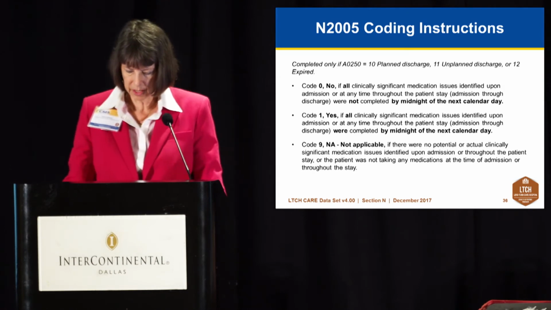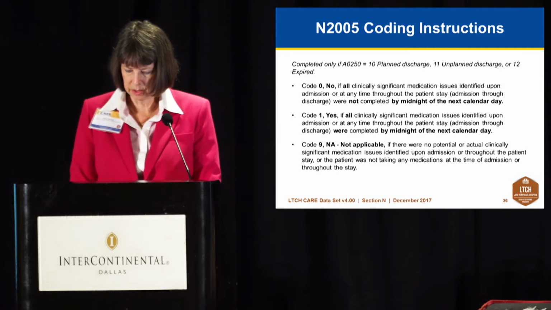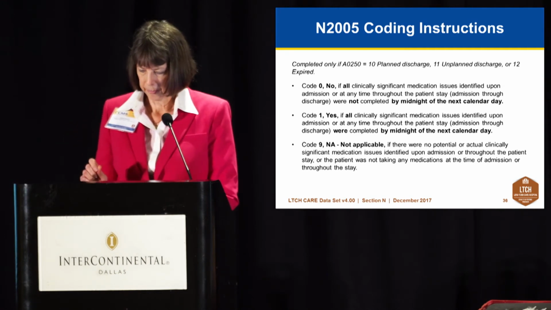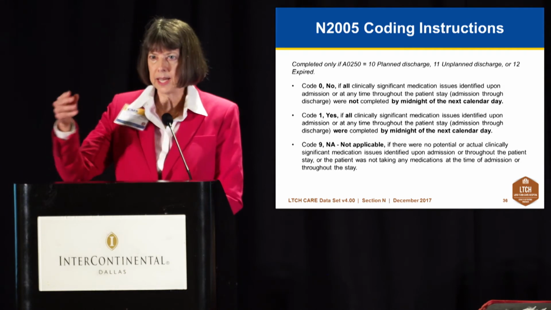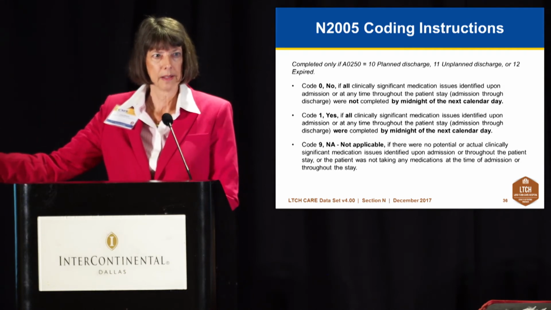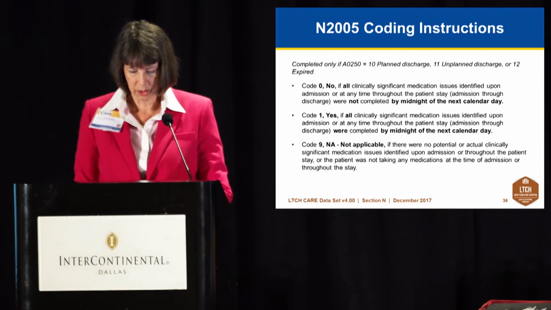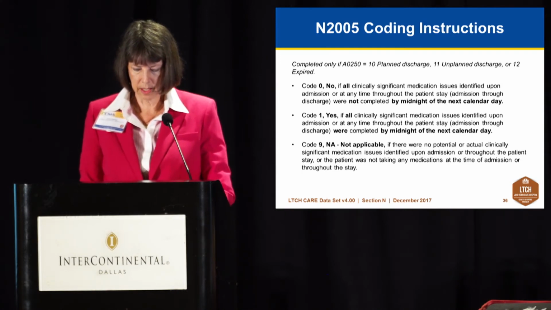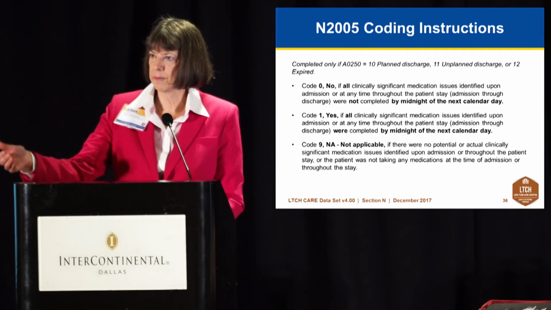So even if at admission there were no issues found, or issues were identified and completed, if any time during the stay there was one, then you would also be using the code no, because you did not meet the criteria for the measure.